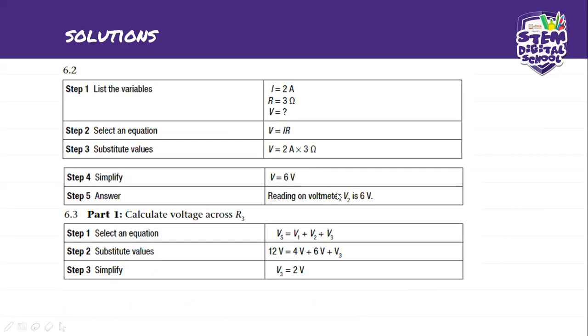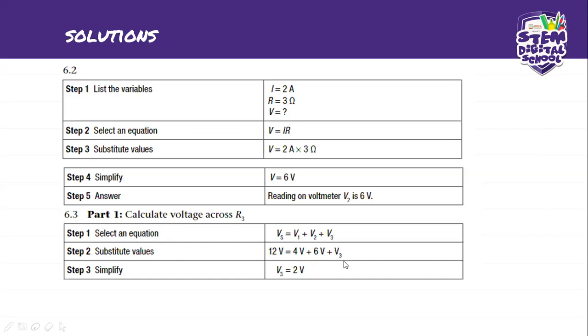Now, calculate the voltage across R3. Like I told you guys, we first have to find the voltage, because that's the only thing we don't have to calculate it. So we say Vs is equal to V1 plus V2 plus V3, and we substitute: 12 is equal to 4 plus 6 plus V3.